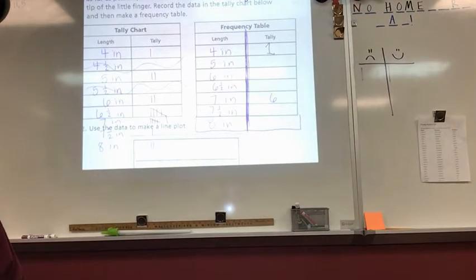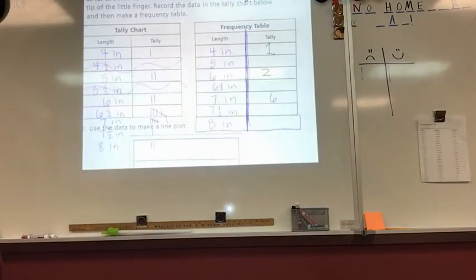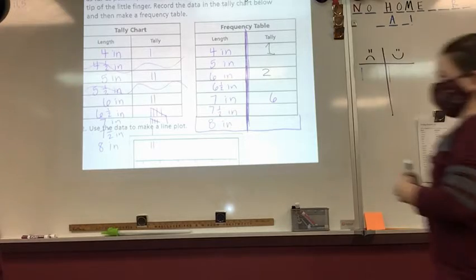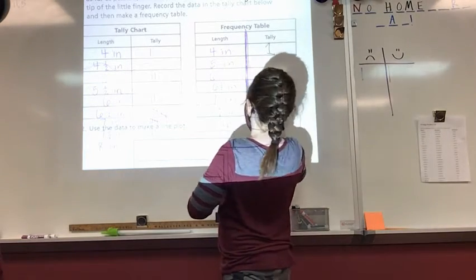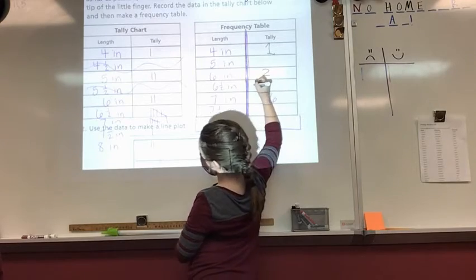Who would like to fill in how many students had the hand width of 6 inches? Maddie, come on up. Who would like to fill in how many students had a hand width of 6.5 inches? Riley. 7.5 inches.